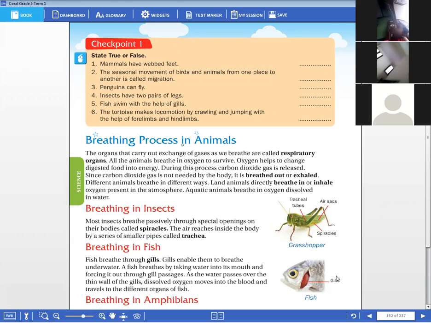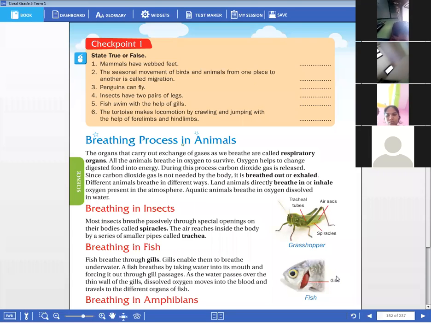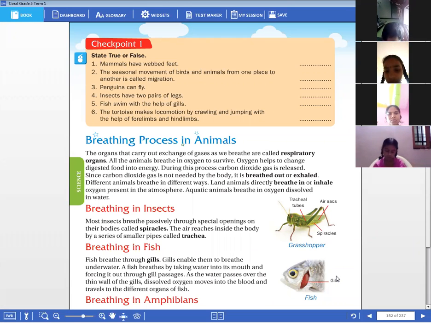Next, breathing in fishes, children. Gills. Enable. Forcing. Passages.